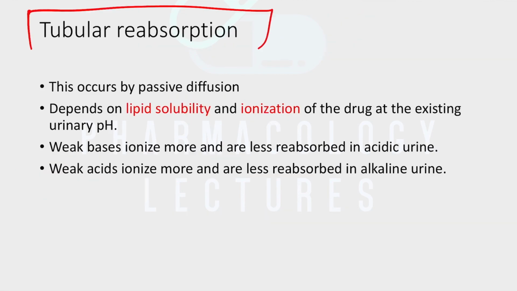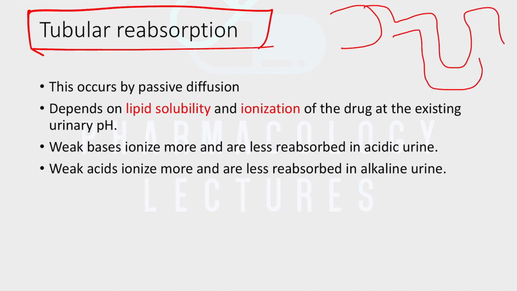Next comes tubular reabsorption. We have already seen glomerular filtration, then we go to the tubules, and in the renal tubules two processes are going on. One, secretion of molecules or ions into the tubules, and second, the reabsorption of important molecules in the body. So we are talking about reabsorption.